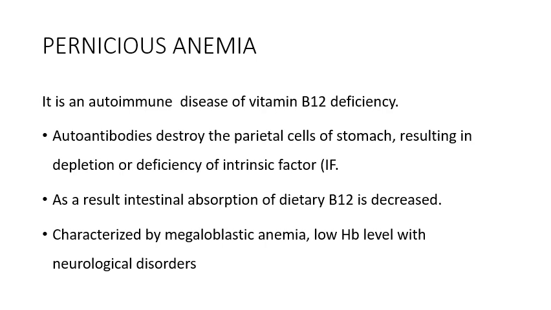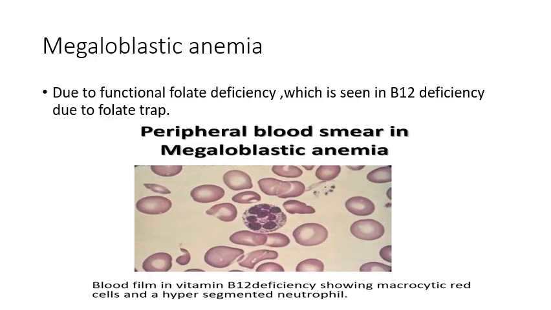As a result, the intestinal absorption of dietary B12 decreases, leading to vitamin B12 deficiency. Pernicious anemia is mainly characterized by megaloblastic anemia with low hemoglobin, and it also has some neurological disorders.